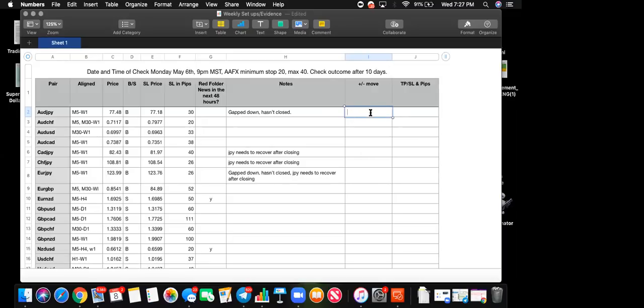If it went against me by negative 20 pips and then went plus 100, I want those notes so I know how much drawdown I would have had if I had entered 4 or 5 trades. And then I count how many pips it was. If it hit my stop loss, I'd say minus 20 or minus 30 pips. If it continued in profit for a total of 100 pips, I'd say plus 100 pips.